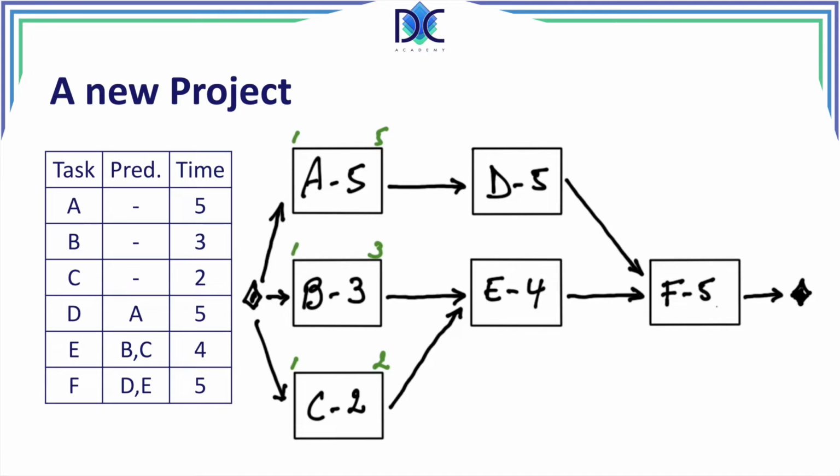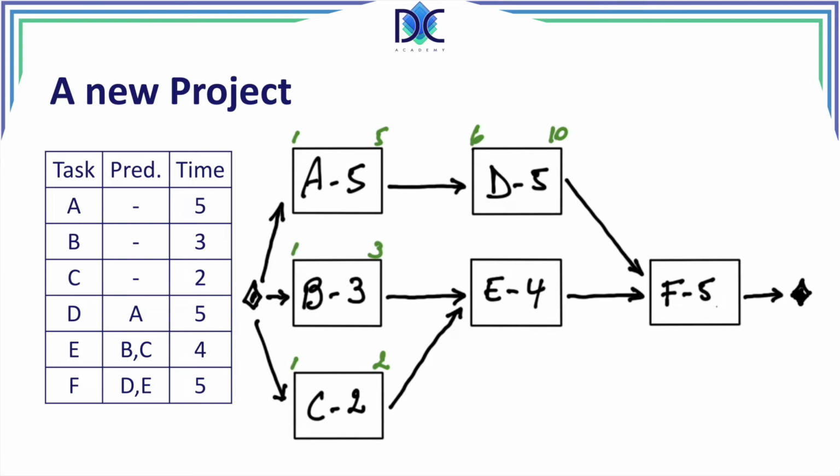The next activity to consider is D. D has an early start which is equal to the early finish of A plus 1, which is equal to 6, and we can calculate the early finish of D. 6 plus 5 minus 1 is equal to 10.